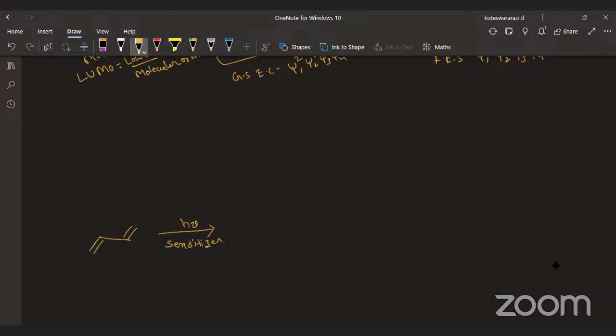The energy of the triplet state, that is the first triplet energy state, is greater than 60 kilocalories per mole. The sensitizer can provide the triplet energy transfer, involving above 60 kilocalories per mole. Then it directly gives a triplet 1,4 biradical.